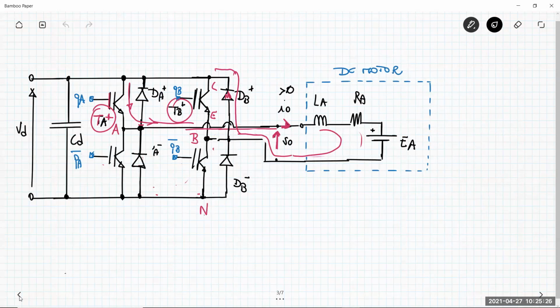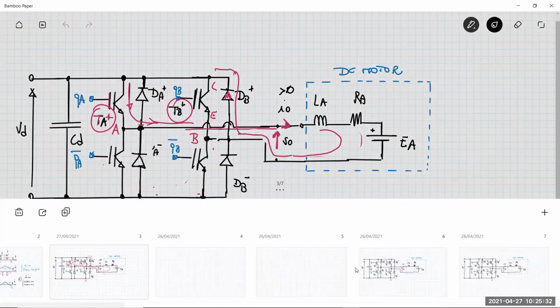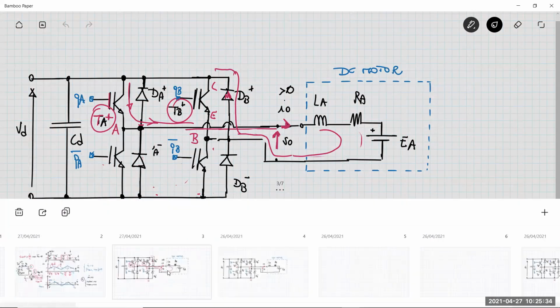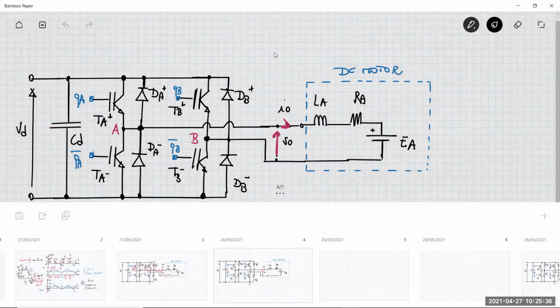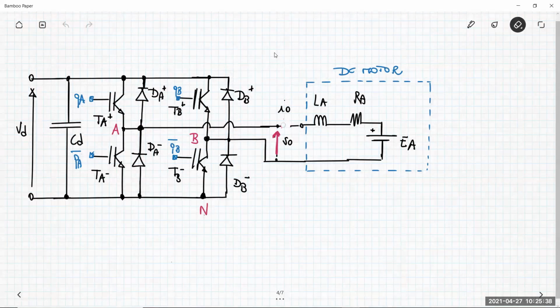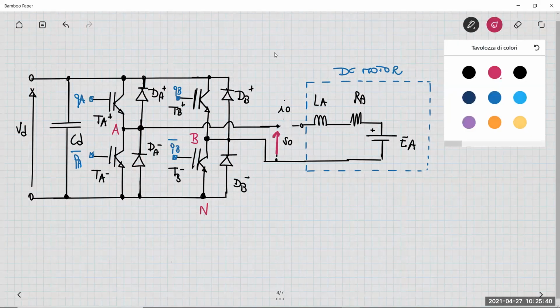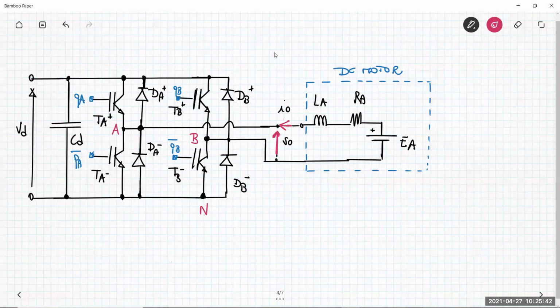So let me consider this situation, which you have a current which is negative. The current negative means that the current, say, is entering the node A, so it's exiting from the motor.